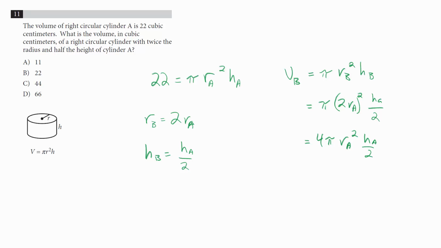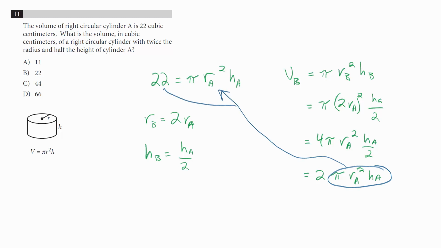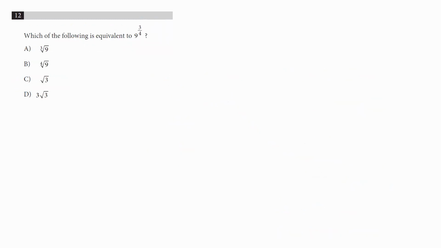The 4 and the 2 can combine to be 2, and then we're left with 2 pi rA squared h of A. And if you notice, right here is the same as this value here, which means that VB is the same as 2 times the volume of A. And since we know the volume of A is 22, VB equals 2 times 22, which equals 44. C is our answer.